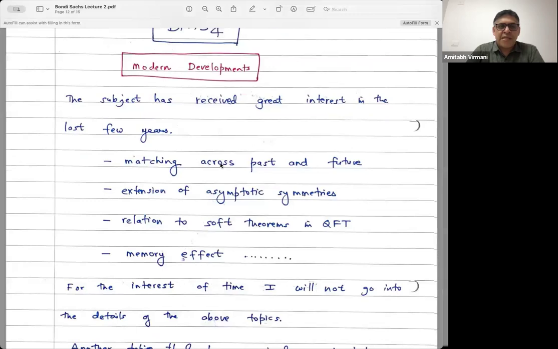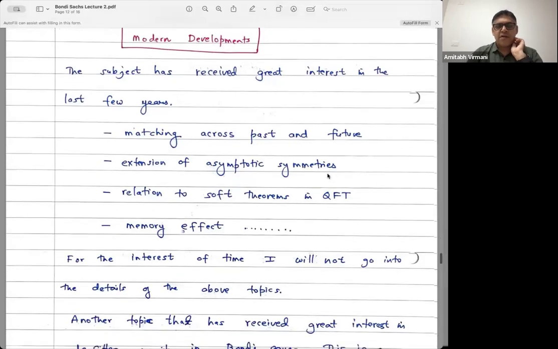One is matching across past and future null infinity. This is a topic of great interest. It's rather surprising that relativists did not address these questions in the 60s when they discovered the Bondi-Sachs formalism. Only very recently has interest in this subject started, with a lot of papers and progress. This is a subject that I have also worked on, and very interesting developments have taken place.